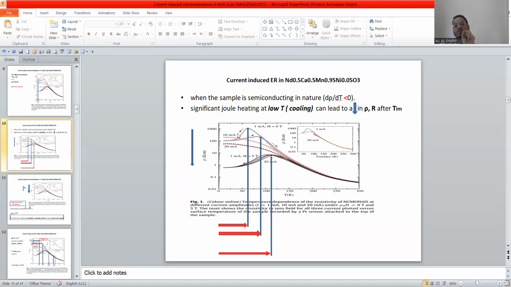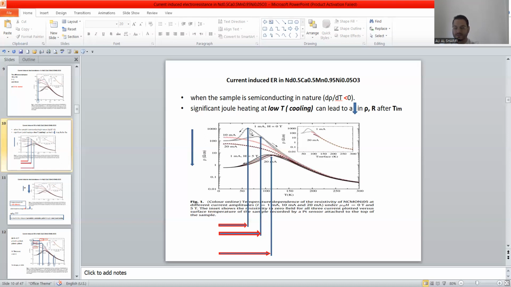At the weaker one, at 1 milliampere, we have a hysteresis phenomenon when cooling and heating the material at the same weaker current, 1 milliampere.